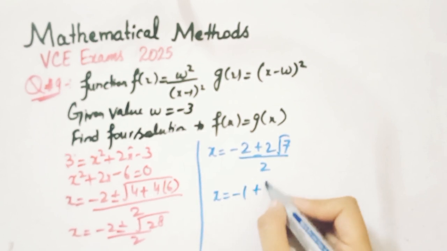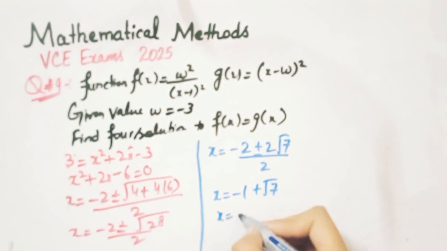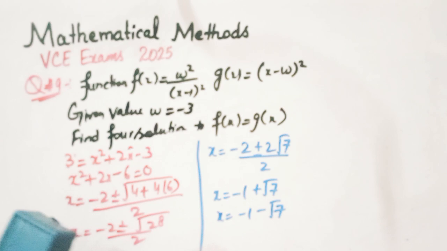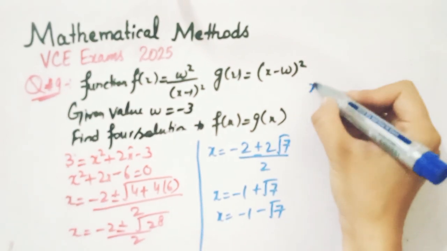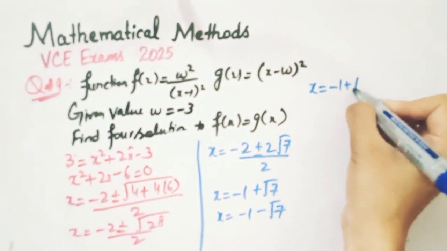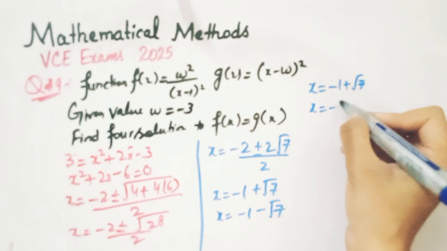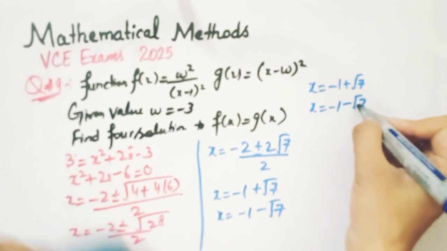That is minus 1 plus root 7, and minus 1 minus root 7. So this is the answer. This is the solution for the positive sign. Now we will do this also for the negative sign. So write the solution here: x equals minus 1 plus root 7 and x equals minus 1 minus root 7.